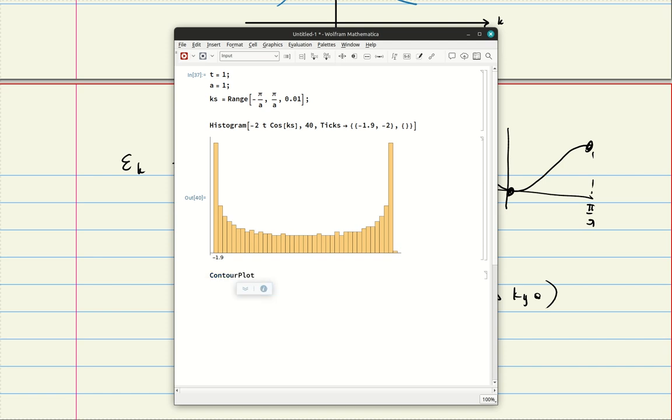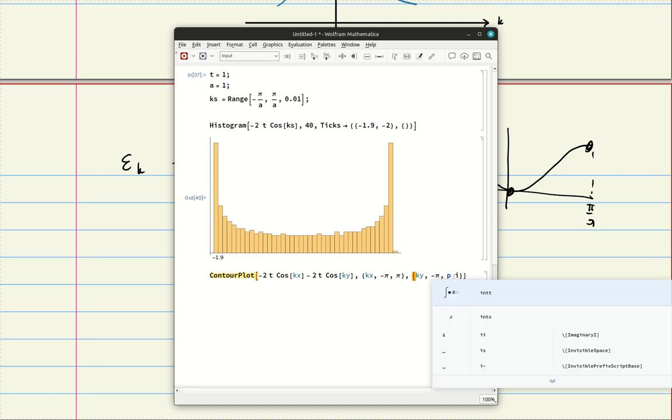Because this band is very typical for us: minus 2t cosine kx minus 2t cosine ky, and I want to take kx to be minus pi to pi, and ky to be minus pi to pi.